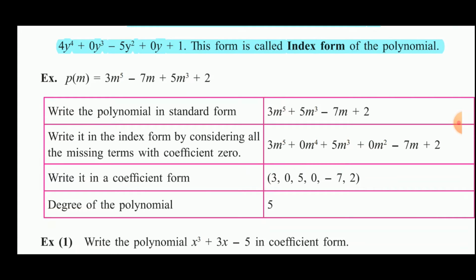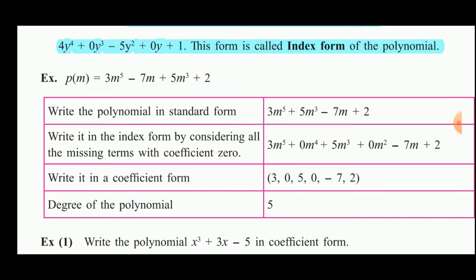Now write it in the index form by considering all the missing terms with coefficient 0: 3m raised to power 5 plus 0m raised to power 4 plus 5m cube plus 0m square minus 7m plus 2. Now write it in the coefficient form.